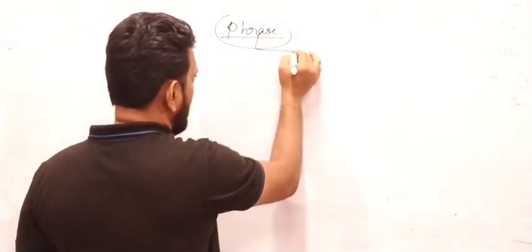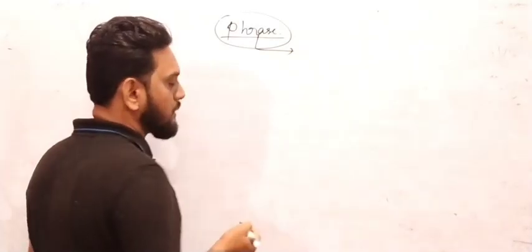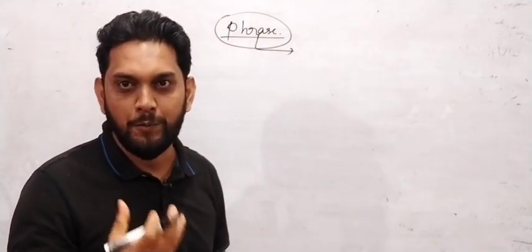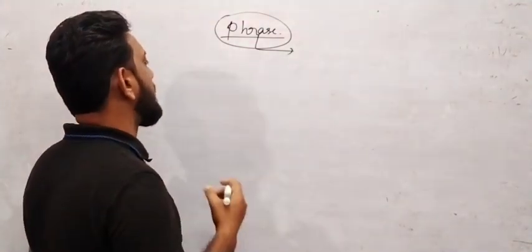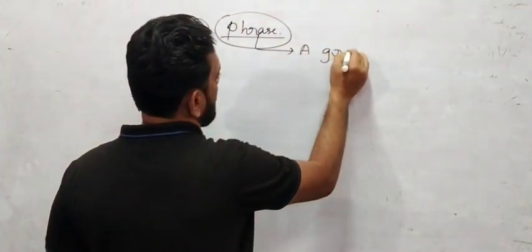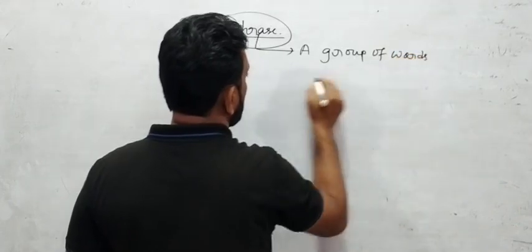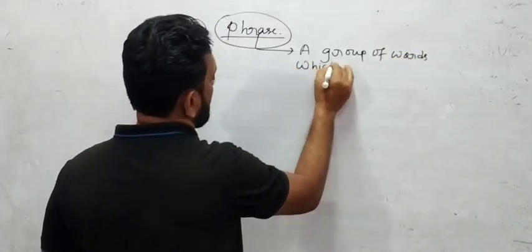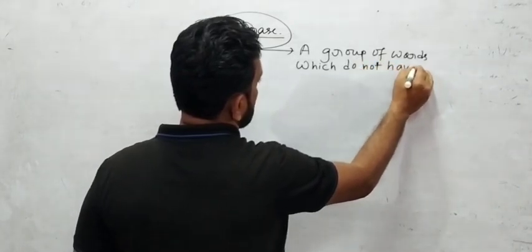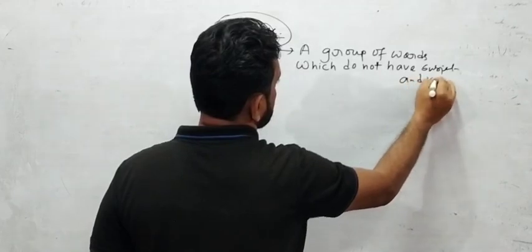Now let me make it clear for all of you. What is a phrase? If I ask you this question, what would be your answer? Try to figure it out for yourself. As far as my knowledge is concerned, my friend, a phrase is a group of words which do not have a subject and verb.